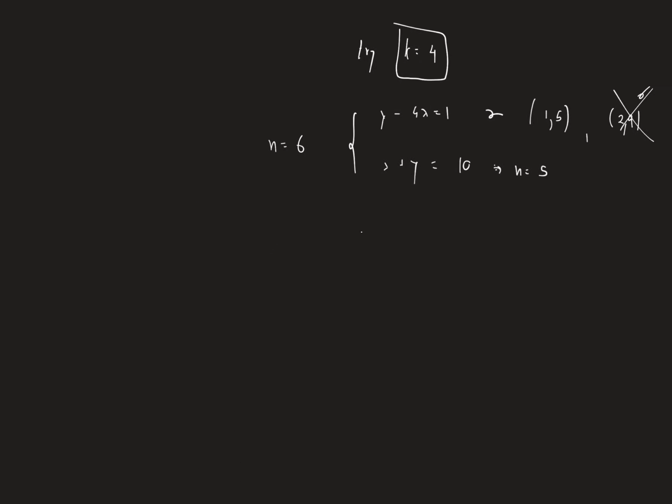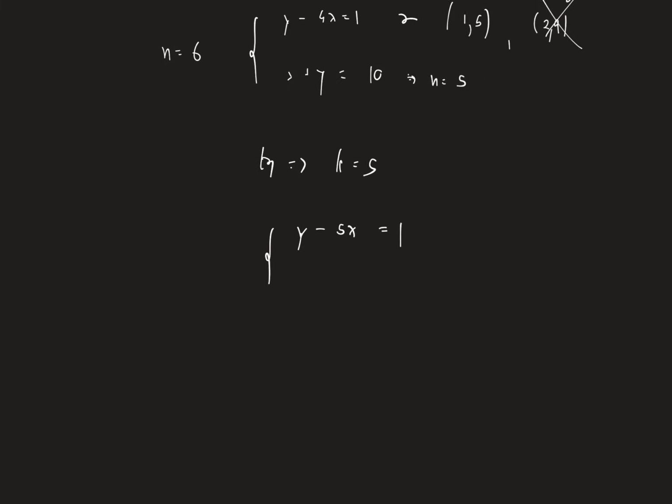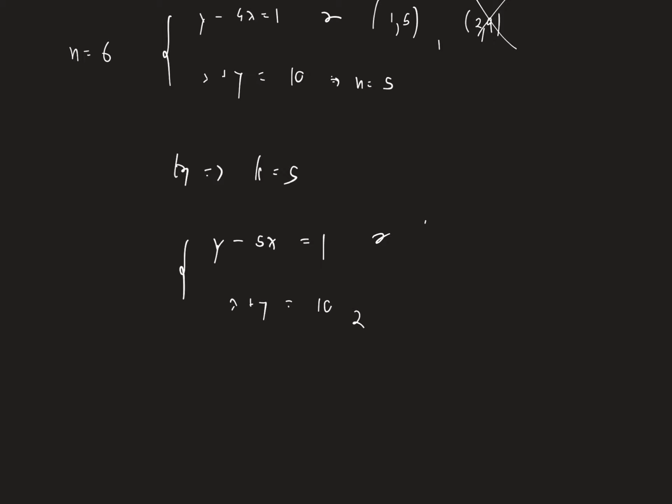But how about if k equals 5? Note that, well, the possible cases will narrow and narrow down until we can't find any. So in this case, well, I'm just gonna try this one because we all know that x plus y equals 10. There are 5 cases from this. So here, if x equals 1, y equals 6.